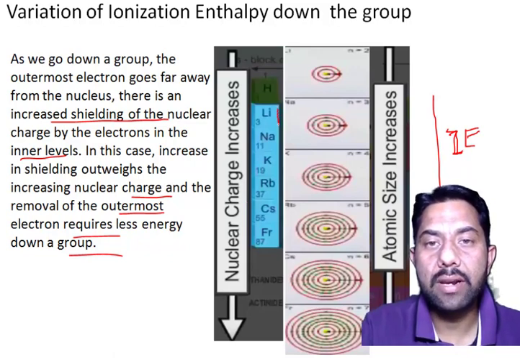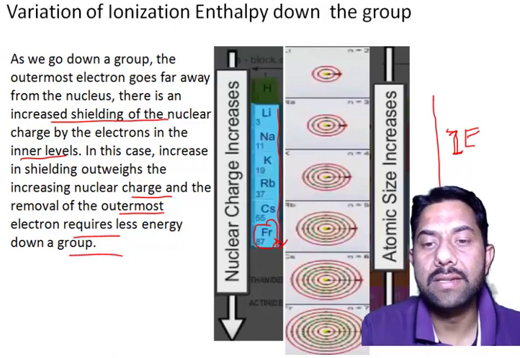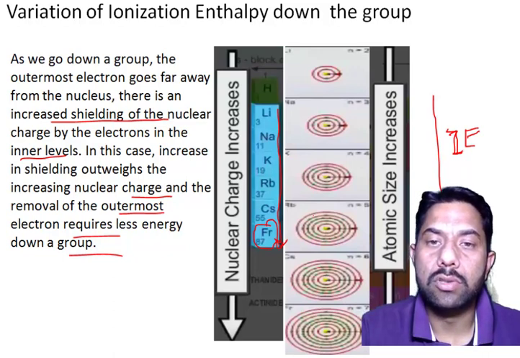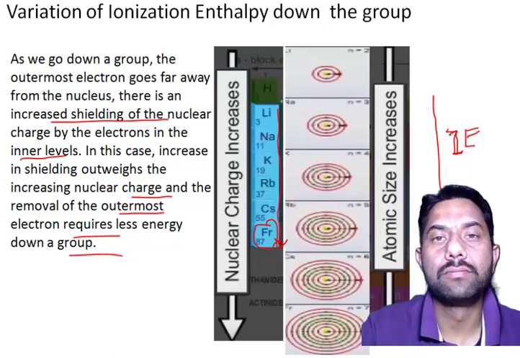So lithium will require the highest ionization enthalpy, whereas francium will require the lowest. The reason being the bigger size, or that the increased shielding effect dominates over the nuclear charge.